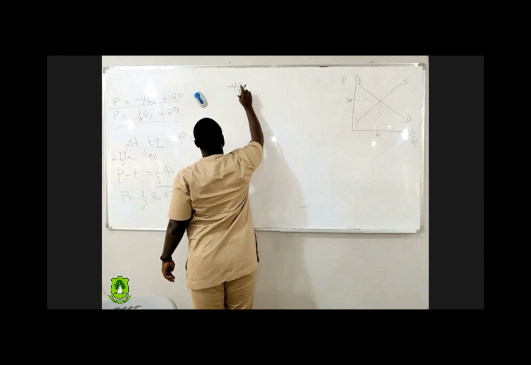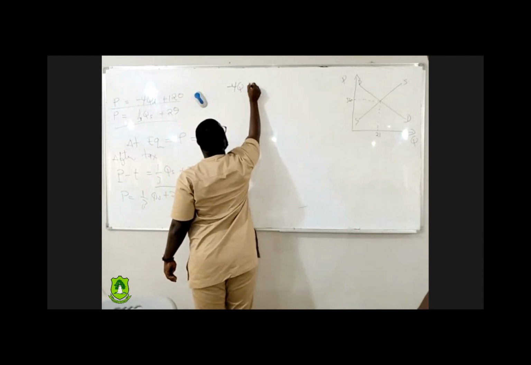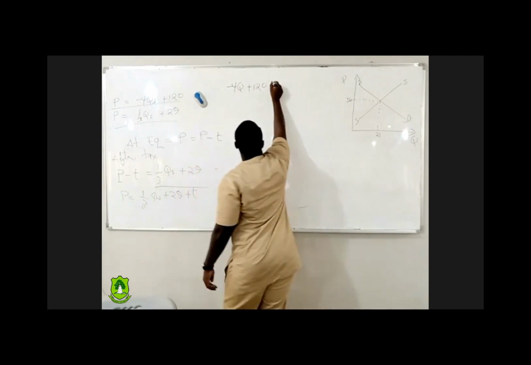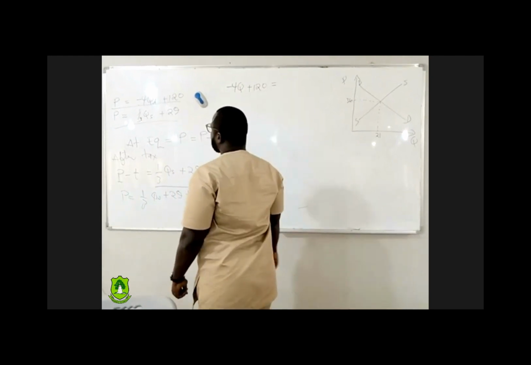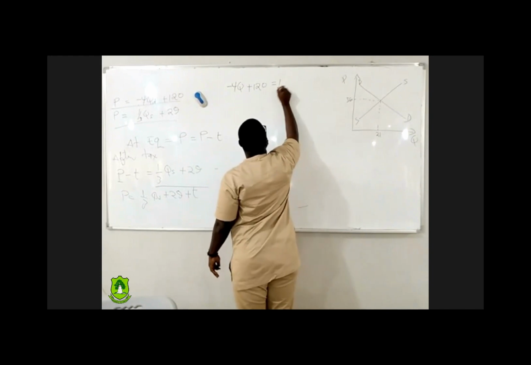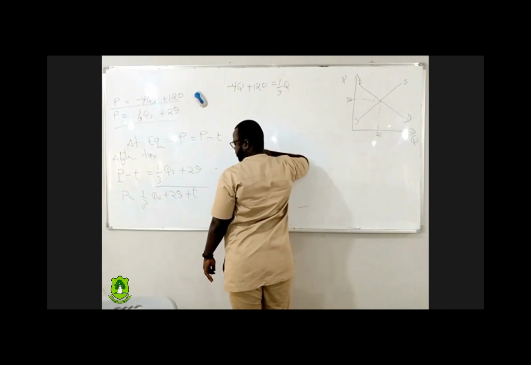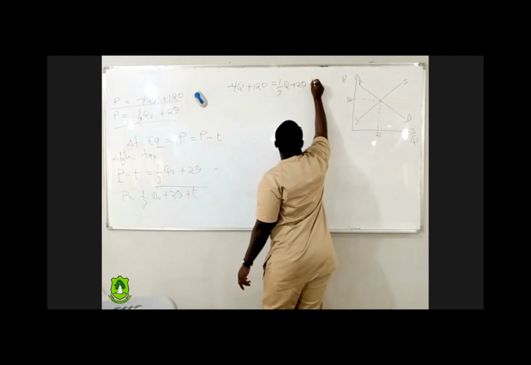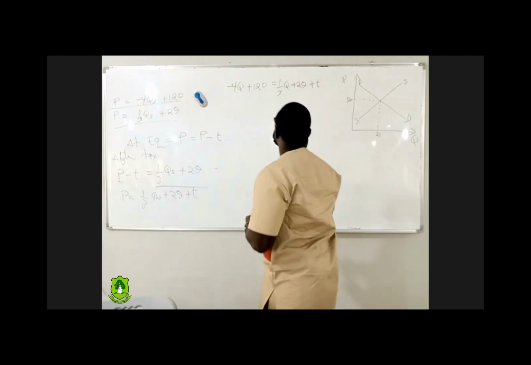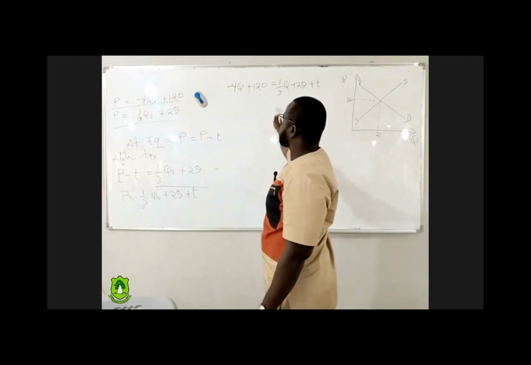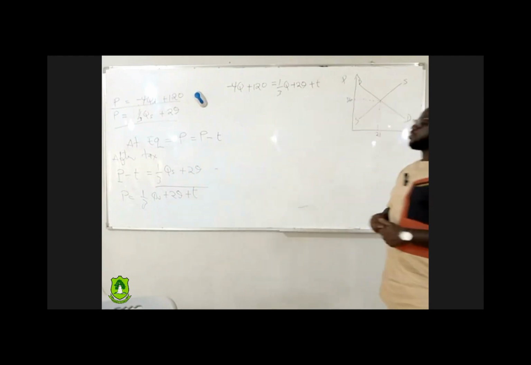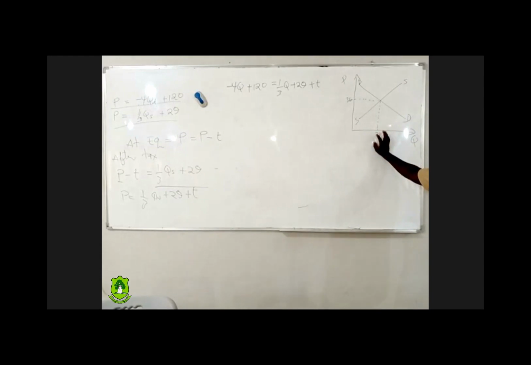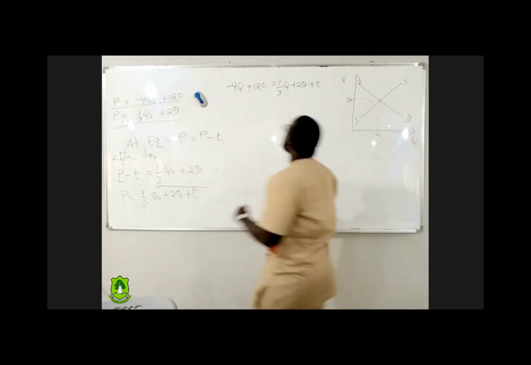Will you mind if I just remove the D? Okay. Plus 1 over 3 Q plus 29. So it's here. Any question from here? Okay, now let's proceed.